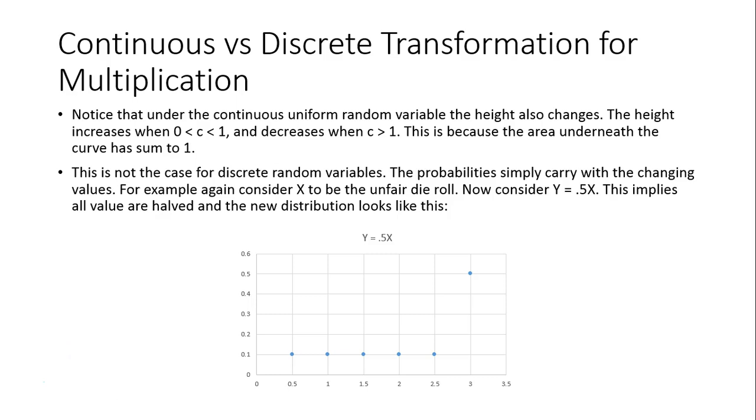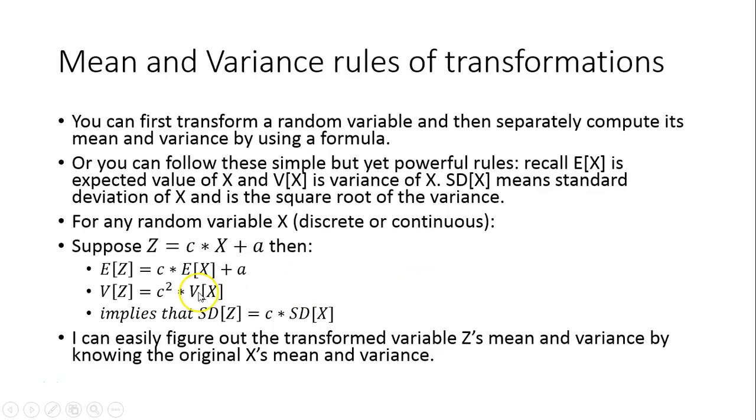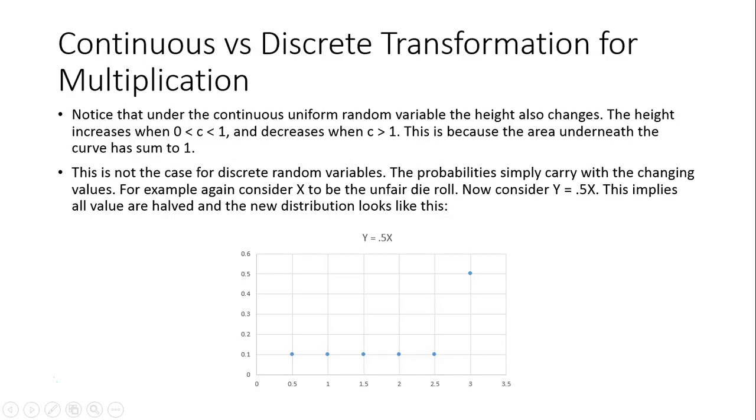However, for the standard deviation, I just take the square root of this. The standard deviation is half as much as before, because it's 0.5 here. So the standard deviation of y is 0.5 times the standard deviation of x. Before, the standard deviation was about 1.8, if you remember. This is the average distance from the mean.